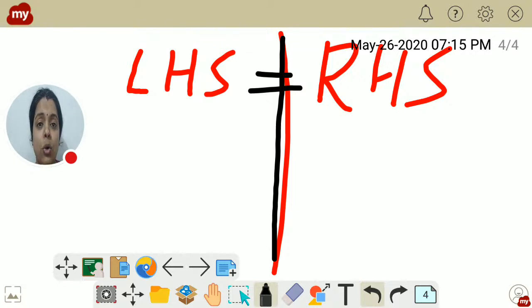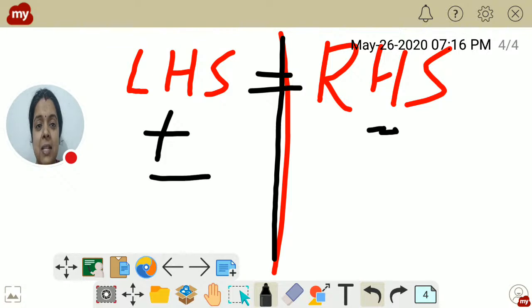If you want to find out the value of any number, you have to convert it from L to R or R to L, meaning left hand to right hand and right hand to left hand. So now let me tell you how to go for it. If any number in the LHS, the left hand side, has a plus sign, when we take it to the right hand side, it will be minus.